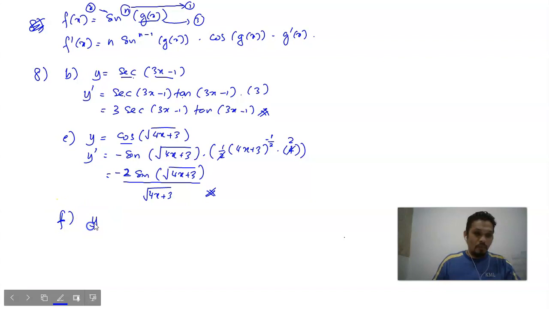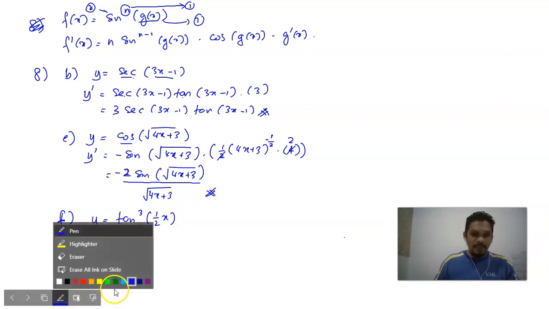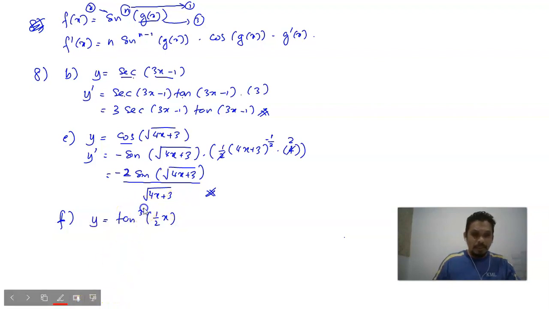Question F, y equals tangent cube of 1 over 2x. For this one, the power is the first thing that we're going to differentiate, tangent will be the second part, and the inside the third part.